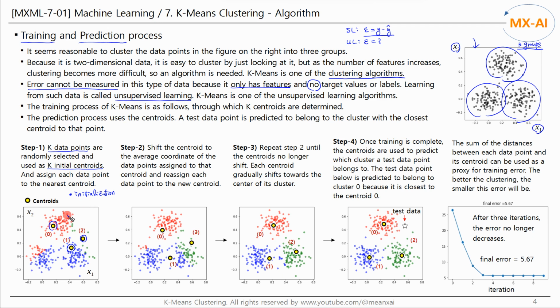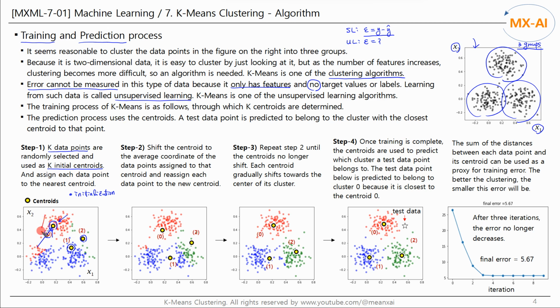This data point is close to centroid 0, so it is assigned to cluster 0. This data point is also close to centroid 0, so it is also assigned to cluster 0. In this way, every data point is assigned to its cluster.